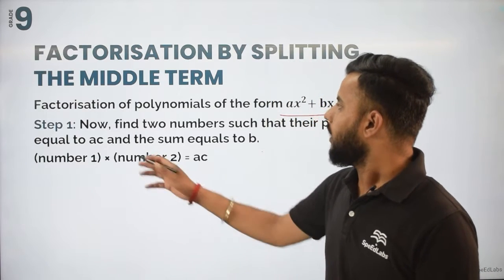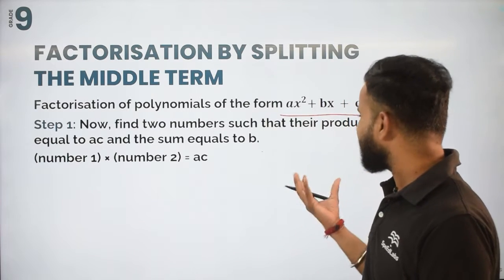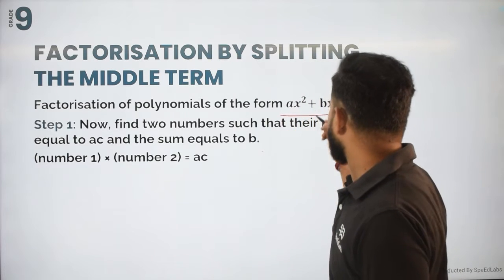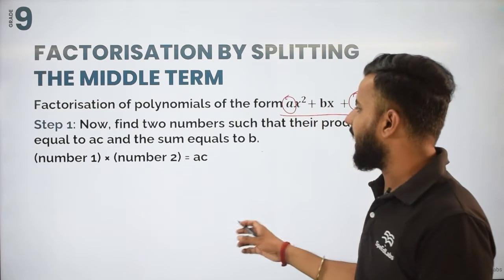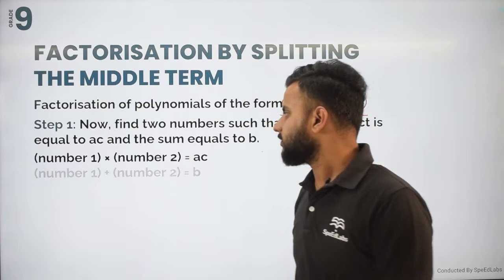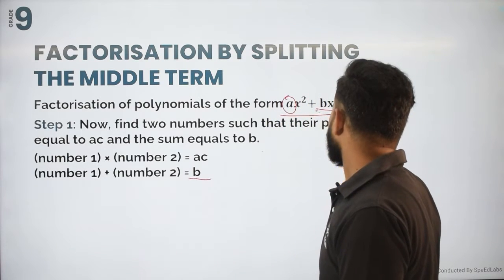First, we will find the numbers whose product is equal to a times c, and whose sum should be equal to b, the middle one.